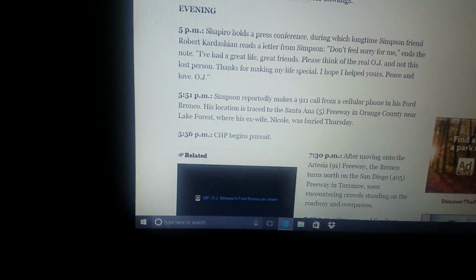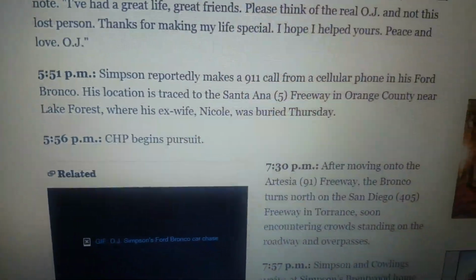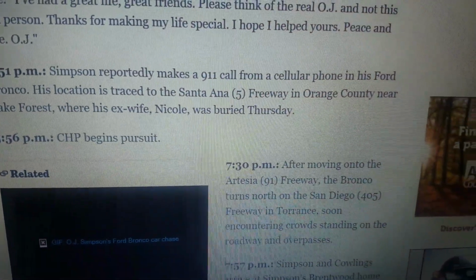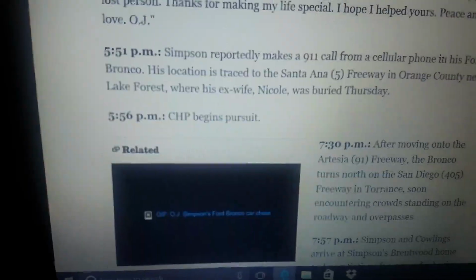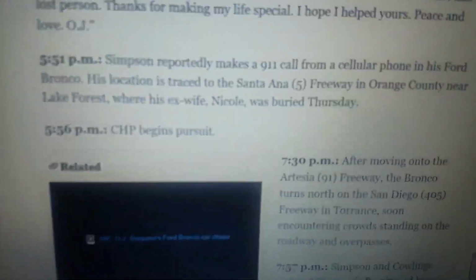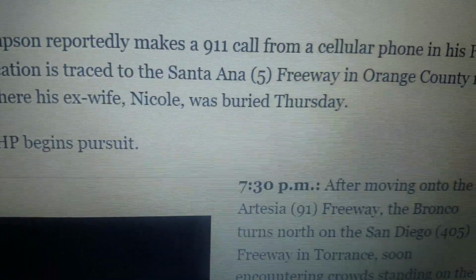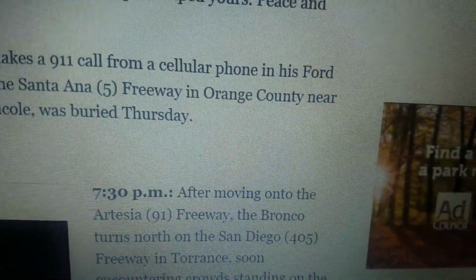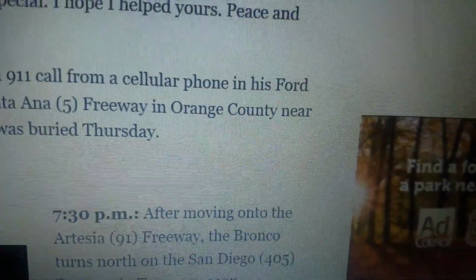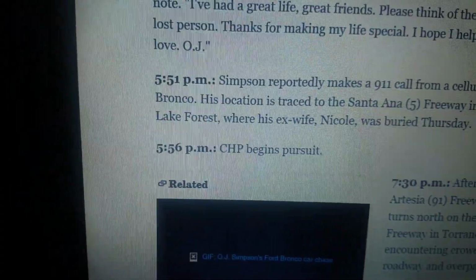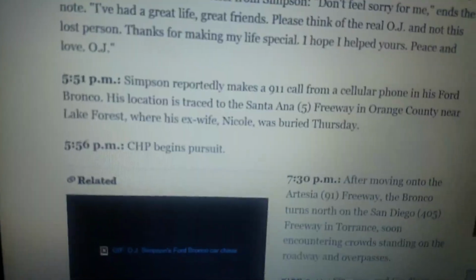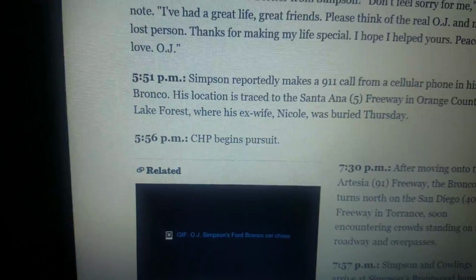Simpson reportedly makes a 911 call from a cellular phone in his Ford Bronco. His location is traced to the Santa Ana 5 freeway in Orange County. His name is OJ. Orange County, okay, near Lake Forest, where his ex-wife Nicole was buried that Thursday.